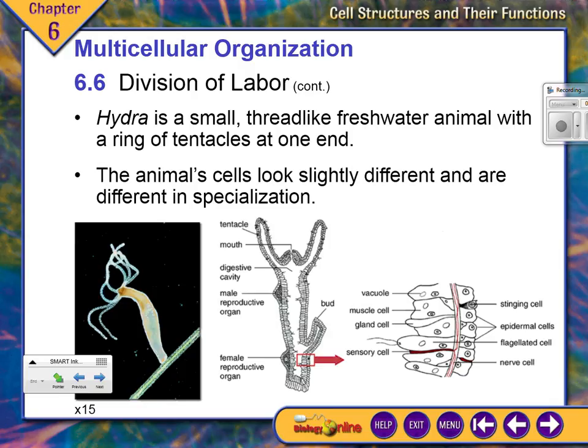And you could see it's only about 1, 2, 3, maybe 4, 5 layers thick, but it has its very simple digestive cavity there. And then we need specialization. This thing can sting things on its tentacles. So every cell's doing its own particular job for the whole organism.